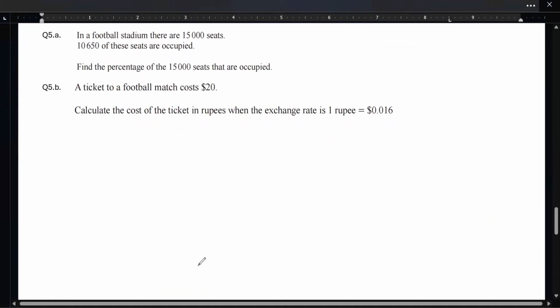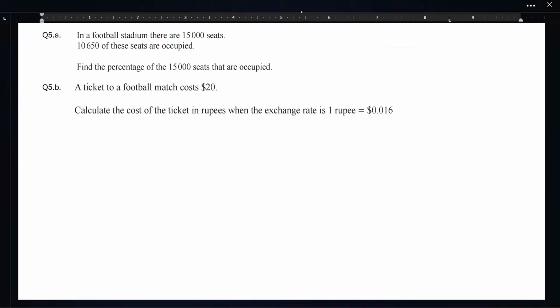In a football stadium, there are 15,000 seats, and now 10650 seats are occupied. Find the percentage of the 15,000 seats that are occupied.